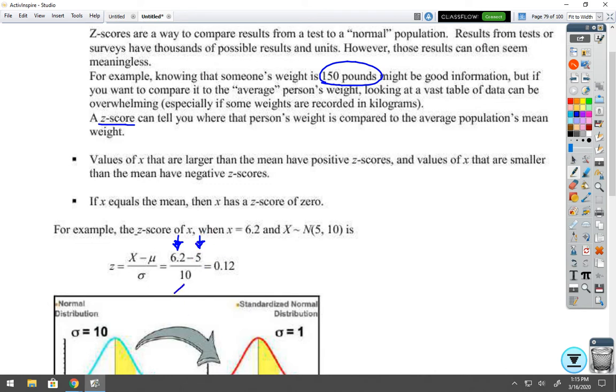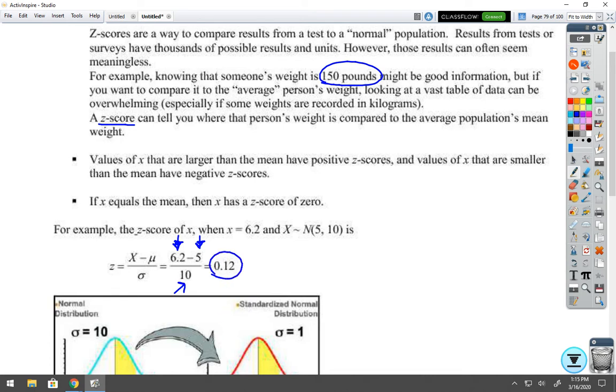The standard deviation of my data is 10. And I'm not pulling this from anywhere right now. I'm just giving this as an example. What would be the appropriate Z-score for a data statistic of 6.2 on a curve that was at a 5 if it was deviating 10 points each way? Well, the Z would be approximately 0.12.